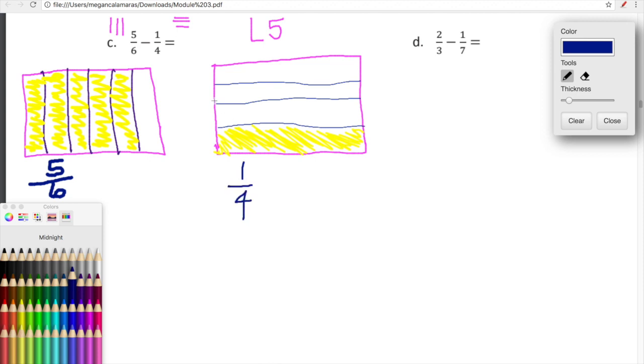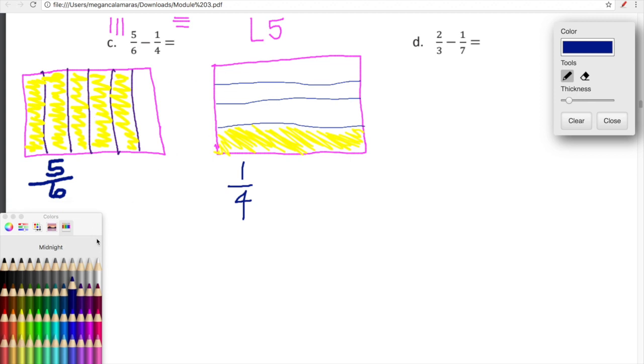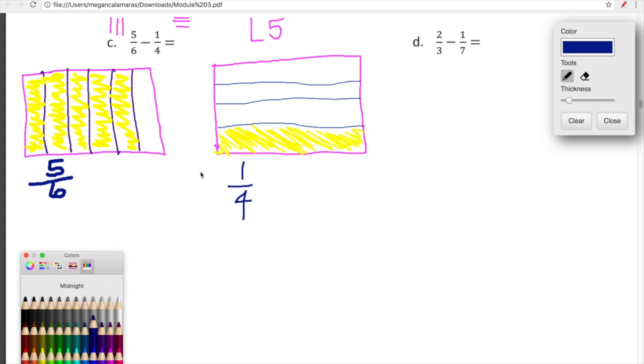Now we're going to throw fourths on top of our sixths, and we're going to throw sixths on top of our fourths. So now we're going to draw horizontal lines on top of our fourths, and we're going to cut our first rectangle into 4 equal slices.